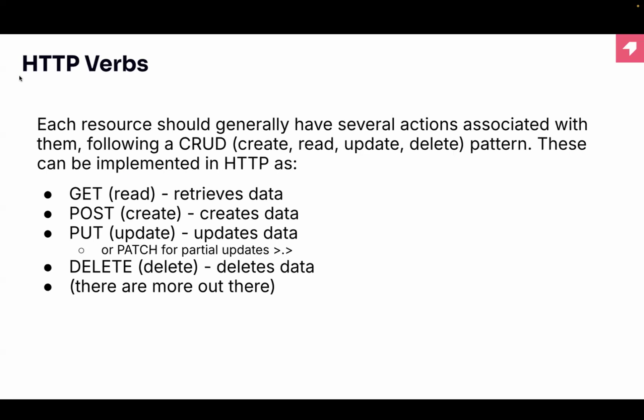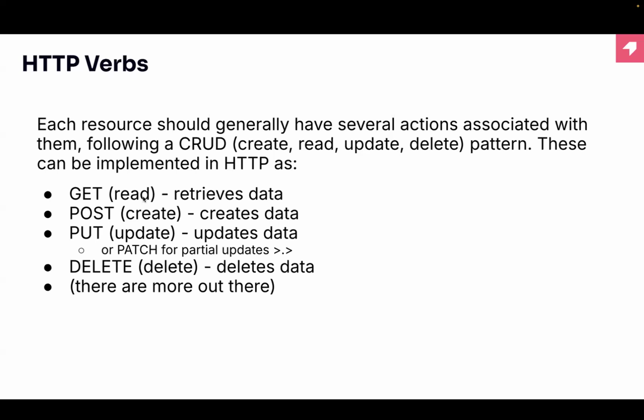So, HTTP verbs. For each resource, you generally want to have different kinds of actions associated with it. Say you want to be able to create, read, update, or follow the CRUD pattern. When you translate those into HTTP verbs, you get a get, and that's a read.